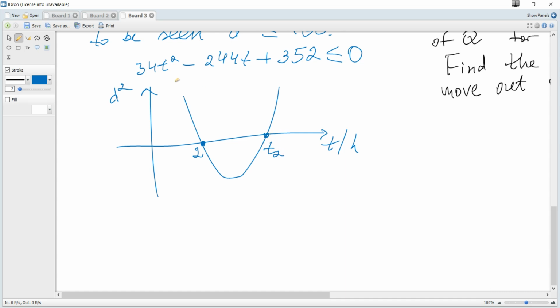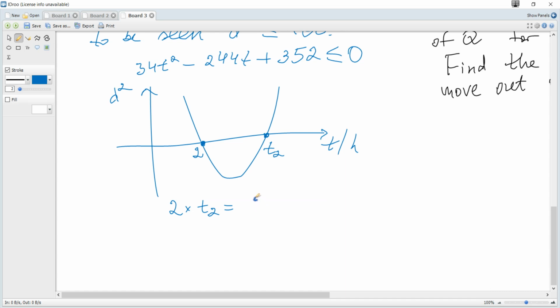To find t2, you may just solve this quadratic equation using the discriminant or a calculator, but since I know one root, I can just apply the product rule or the sum rule. For example, the product rule says that the product of the two roots, 2 times t2, is c over a. C is this, a is this, or the sum is minus b over a, so the sum is 244 over 34.